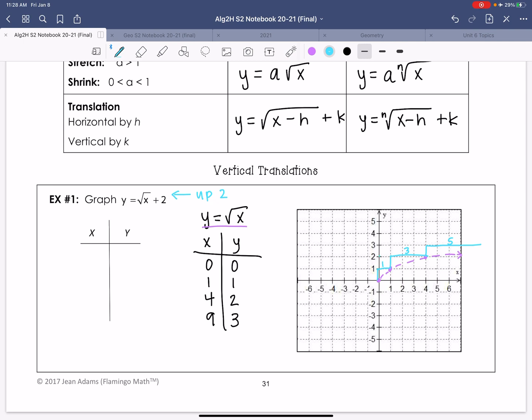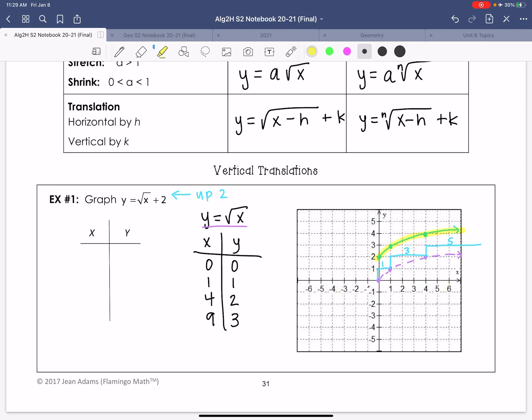So we're going to have up 2. Next one will go up 2. The next point's going to go up 2. So here is my final graph, and I do that with a solid line to show that that's my final graph. I'm going to go ahead and highlight that since I have similar colors out there. So this guy is my final graph.